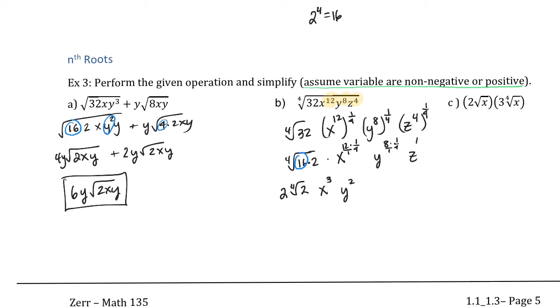And z to the 4th times 1/4. That 4 goes in the numerator, so it would be 4/4, which is just z to the 1, or z. And that one's done. And so you could also just write all of your variables, 2x cubed y squared z, in front and then have that fourth root of 2 at the end. That's great too.